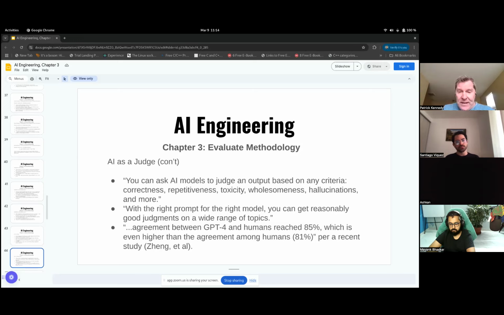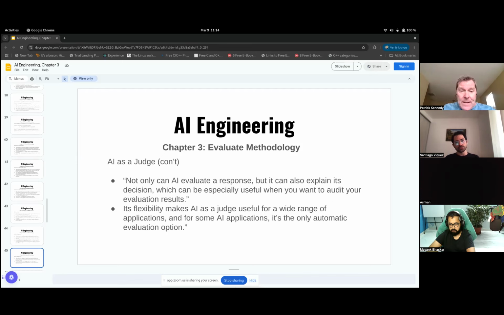So that's interesting. You can't necessarily say AI as a judge doesn't work, especially when you get results like that. So sometimes it can work.